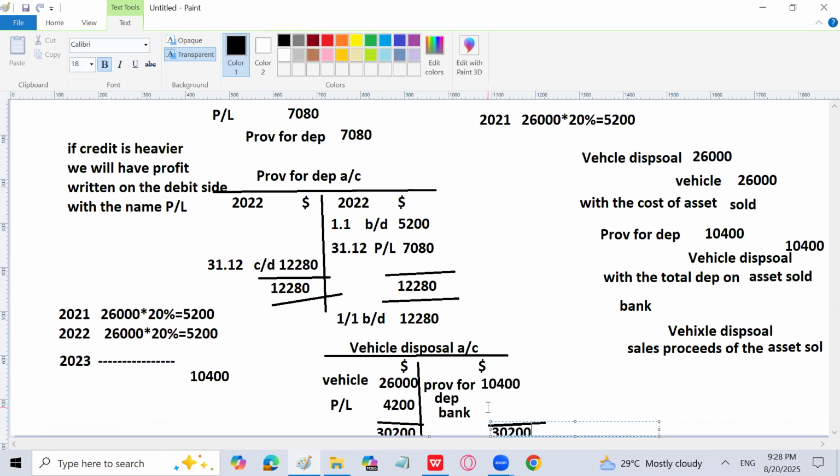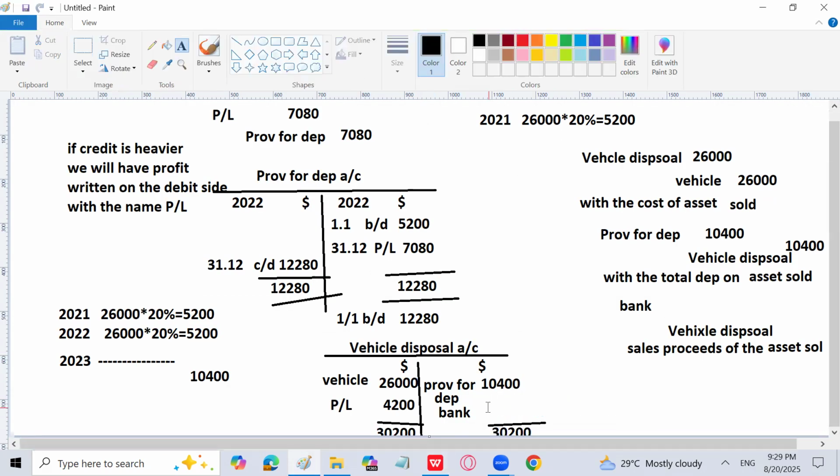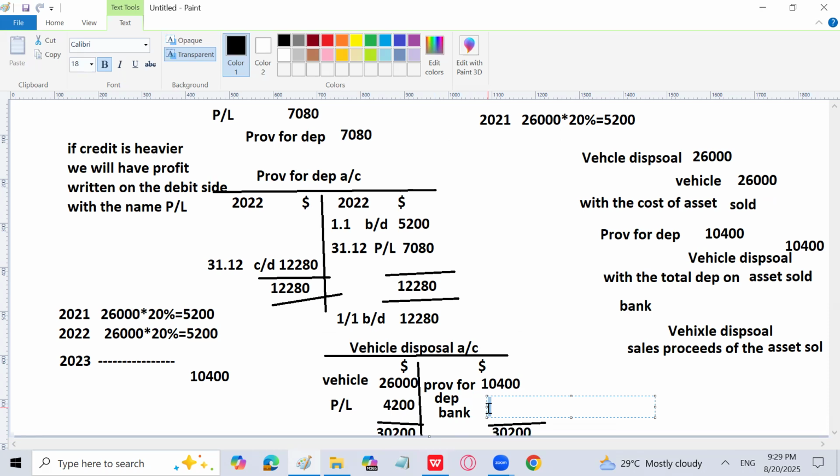And the difference is going to be the bank figure. It means that the sale proceeds from the sale of that asset is 30,200 minus 10,400. क्या आती है? 19,800. So this is going to be the bank proceeds.